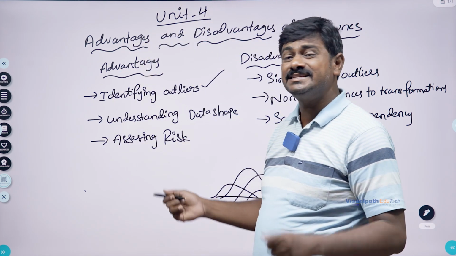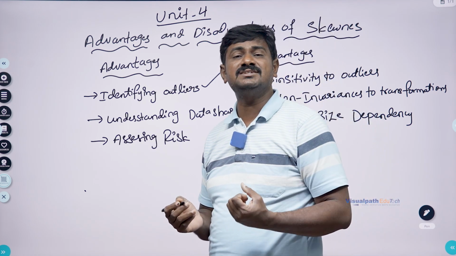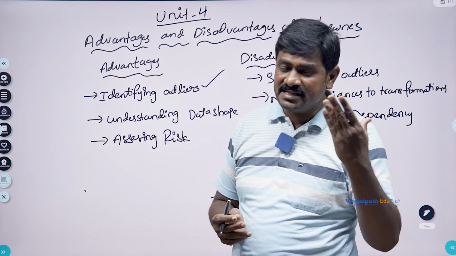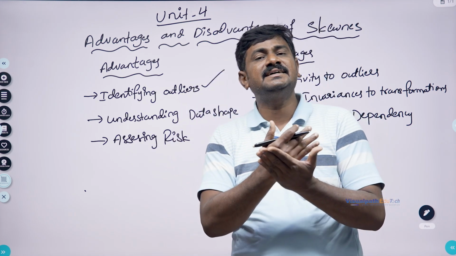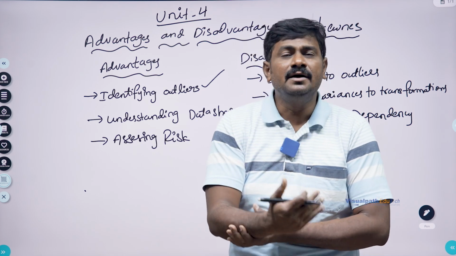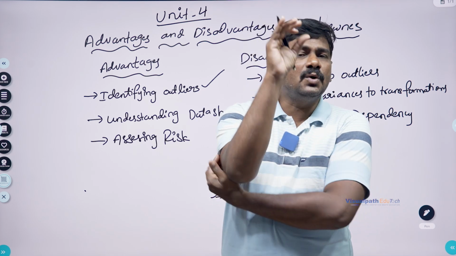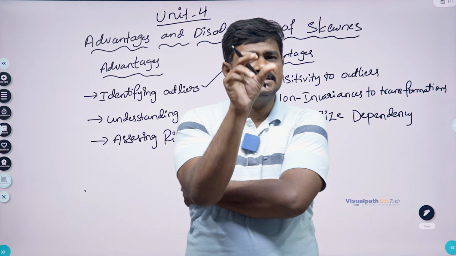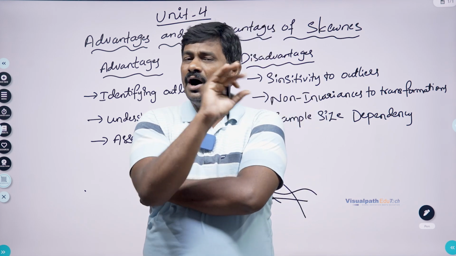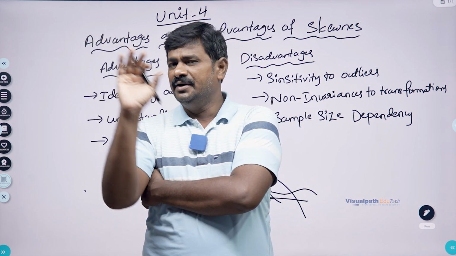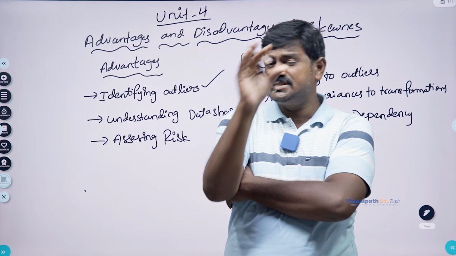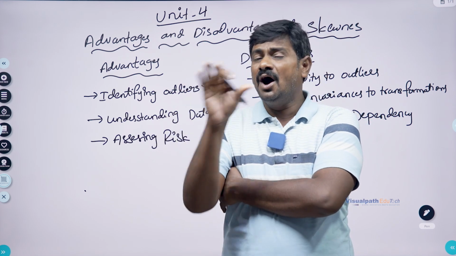And similarly, assessing risk, mostly in financial terms, while making the distribution. For example, consider the share prices of a particular company. We take the analysis of the past three months and see how the data is distributed. Based on the distribution of the share prices, we see how it is skewed.